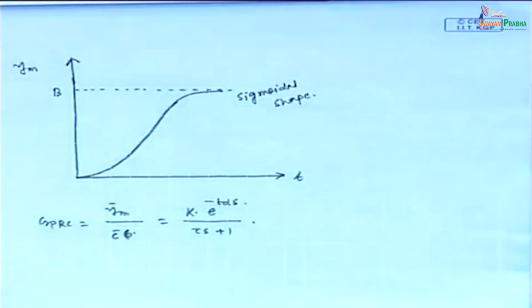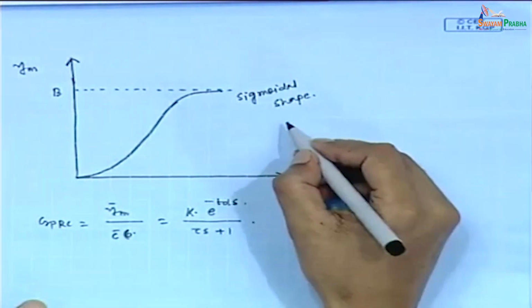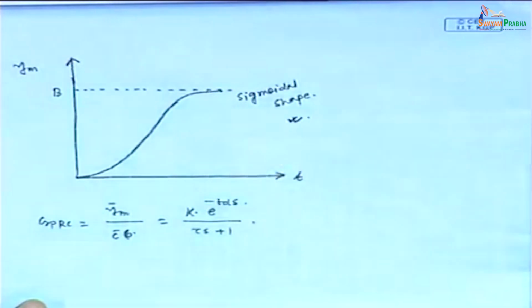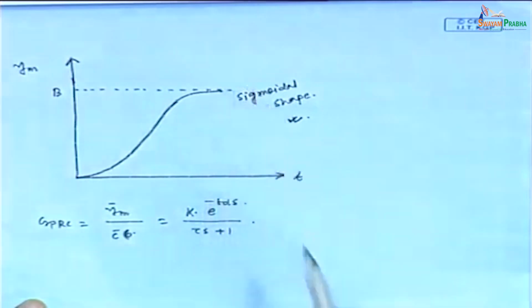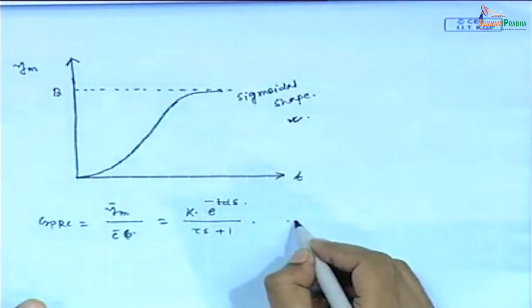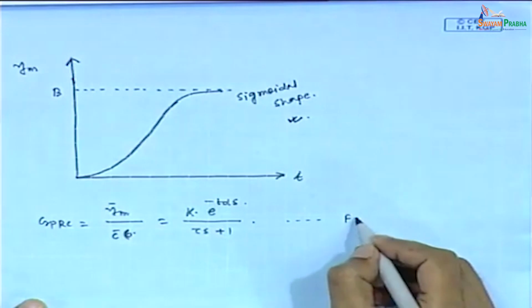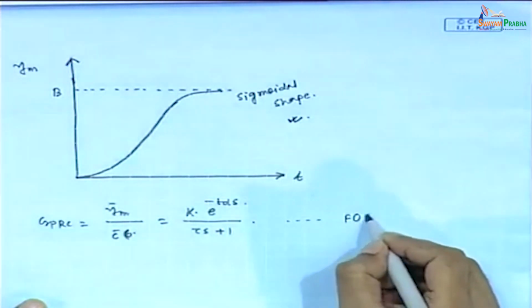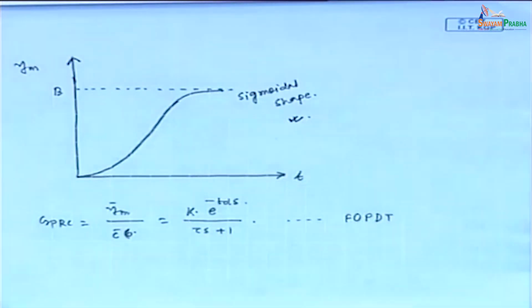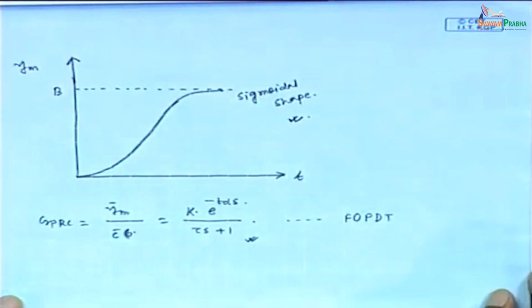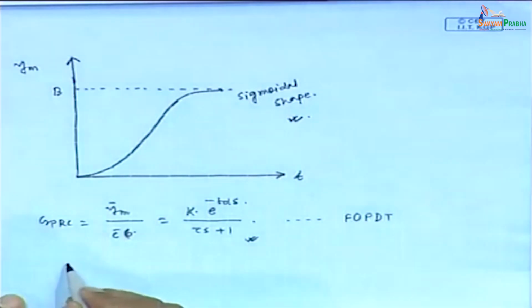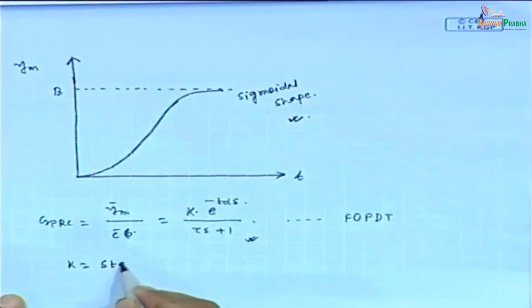For most of the chemical processes, the response looks like this. Now, this shape can be approximated by first order plus dead time, and this is the expression of first order plus dead time response. It can be represented by this equation, where K is static gain.